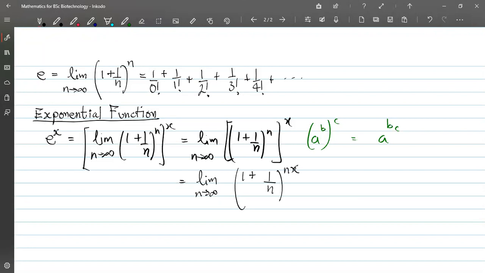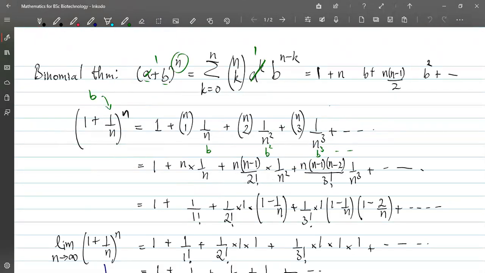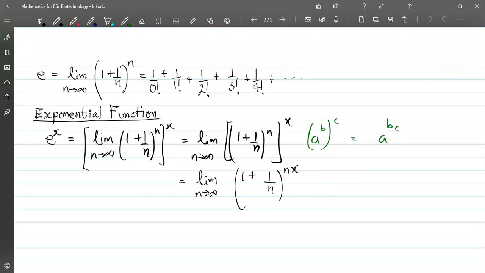So this becomes this new limit, which we need to evaluate. So how to evaluate this? What we did previously in this case, we did the binomial expansion. We expanded this binomially. So the same thing can be done here. So this limit 1 plus 1 by n to the power nx can be expanded in the same manner, only now the exponent is nx, not n.